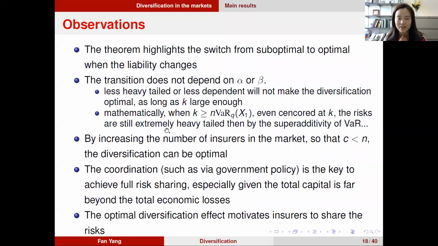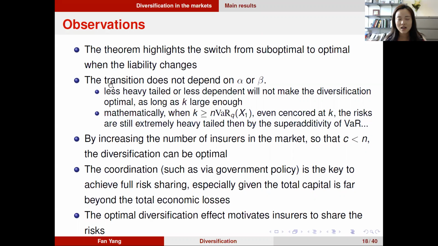And if we look at what we get from our result, first of all, that shows the switch from the suboptimal to the optimal when the liability changes. That means when the liability compared to the capital reserve, the C, is really large, then that can make the diversification suboptimal.